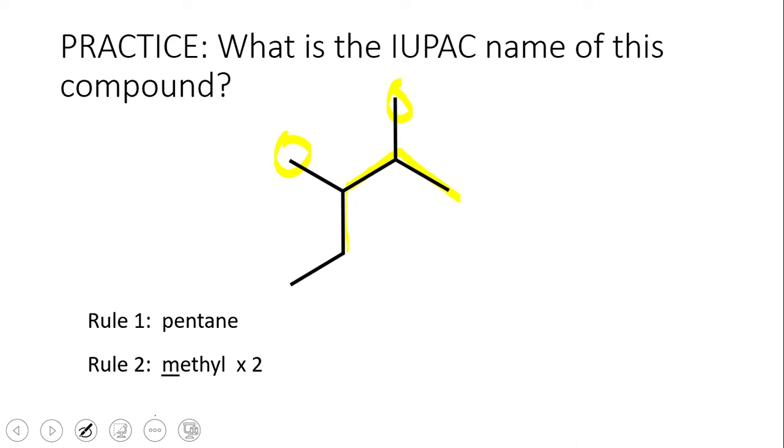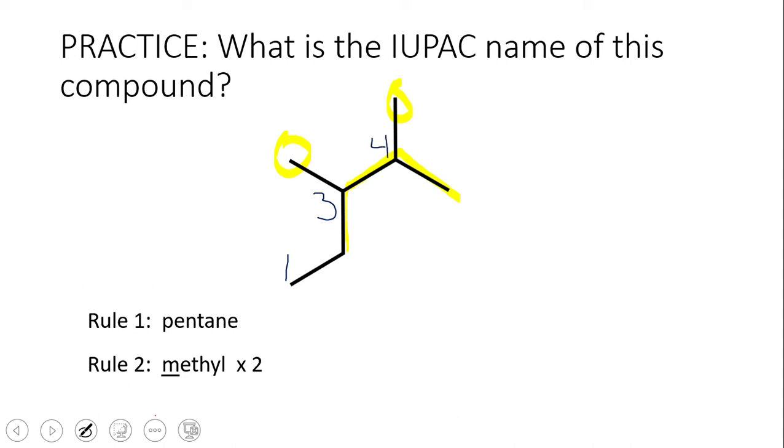Notice that if I were to use a kind of like my logic, I would try to put this guy at number 1 over here, which means now that my attachments would be at positions 3 and 4.